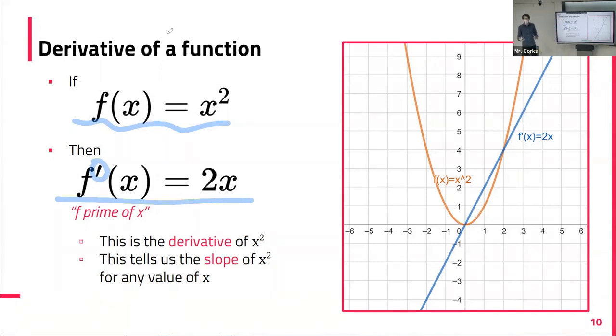So 2x is also a function. It's also a thing we can put on a graph and visualize. And that's what we have with this blue line here, the original one in orange.